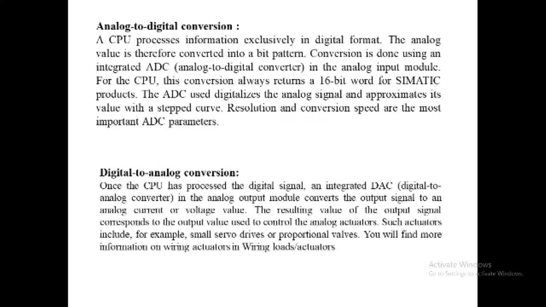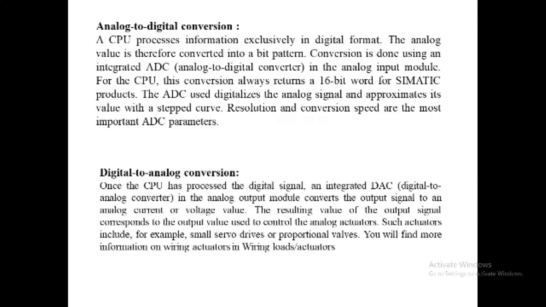For the CPU, this conversion always returns a 16-bit word for a SIMATIC product, and the ADC digitizes the analog signal and approximates its value with the step curve. Basically, resolution and conversion speed are the most important ADC parameters.